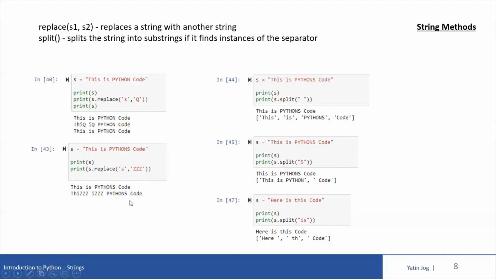Because this is a capital S, it has not been replaced by Z. This S will remain as it is. We are just replacing lowercase s with Z. So this is the explanation of replace.